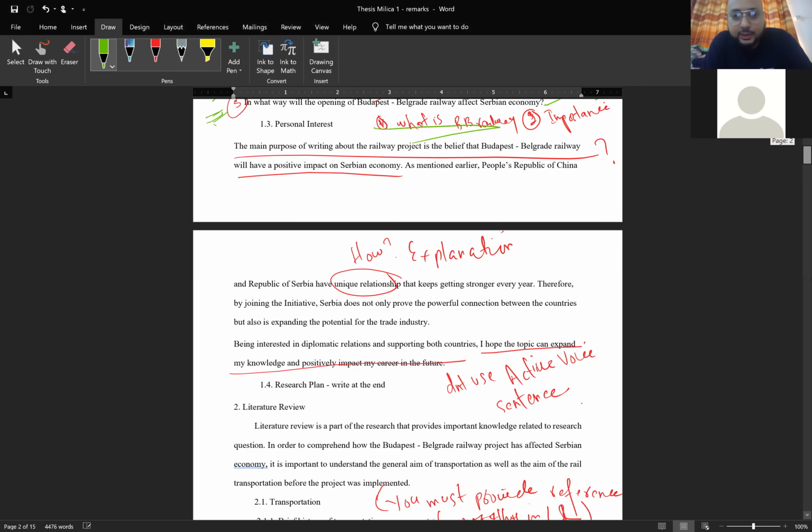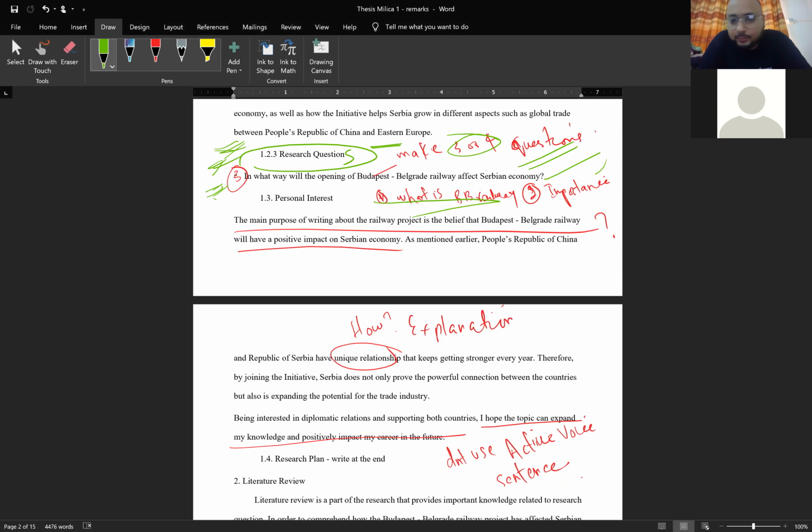And also you mentioned your personal interest. See, in research, nothing is like in the air. No argument should be in the air. There must be some kind of theory, some kind of prior studies behind that.